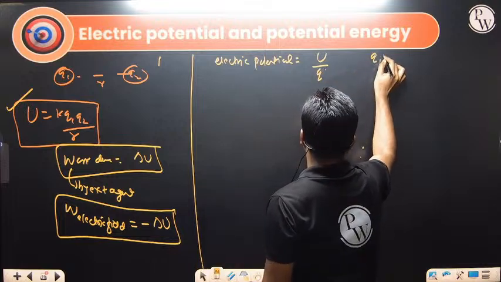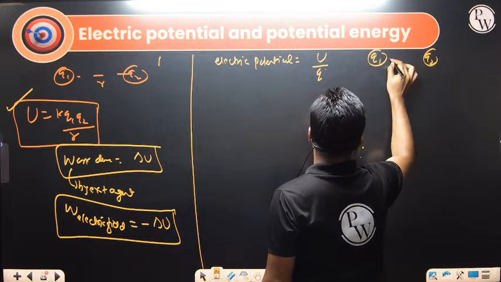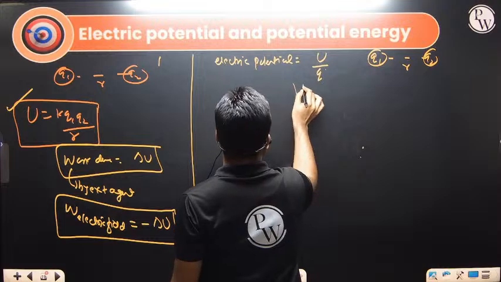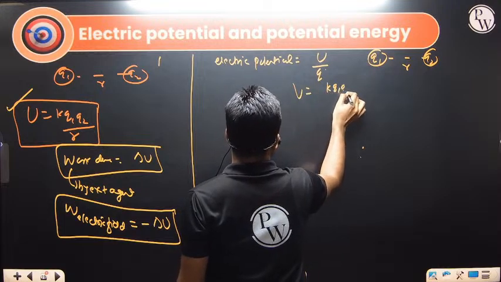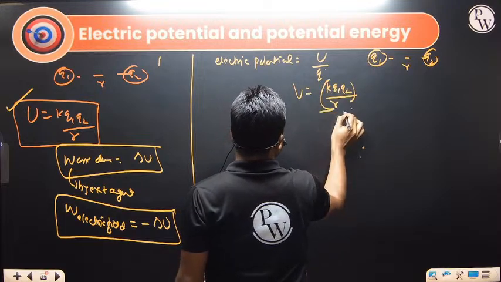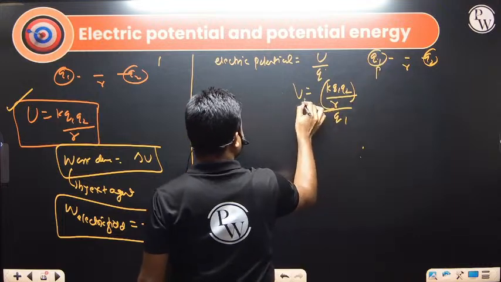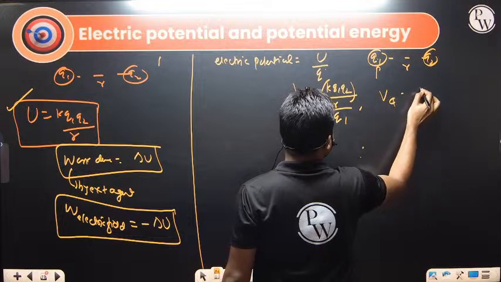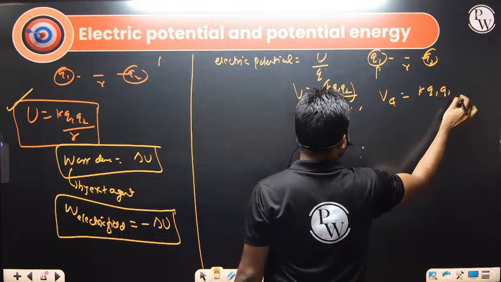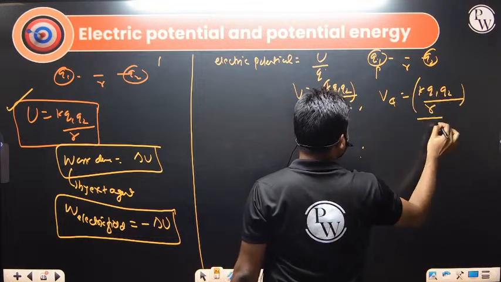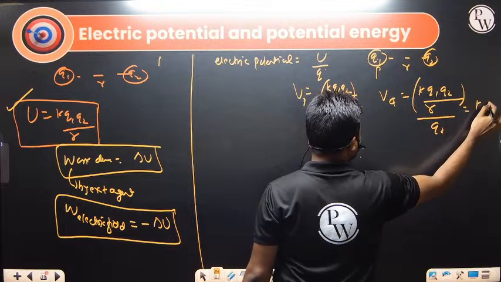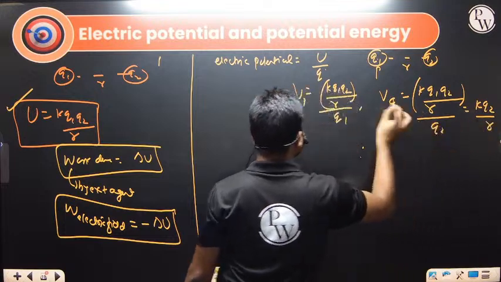So if you have two charges Q1 and Q2, and the distance between them is r, then the electric potential at point P is K Q1 Q2 divided by r, divided by Q1, and at point Q it will be K Q1 Q2 divided by r divided by charge Q2. So this will be K Q2 by r, and this is K Q1 by r.